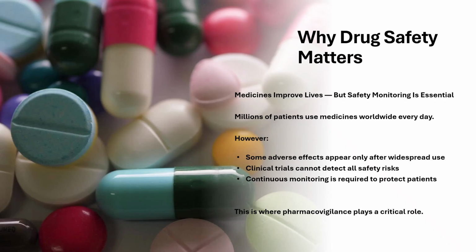There are inclusion and exclusion criteria while doing these trials. So there are many other factors that contribute to the fact that the medicine that is on the market now needs safety monitoring. So this is where PV plays a critical role.